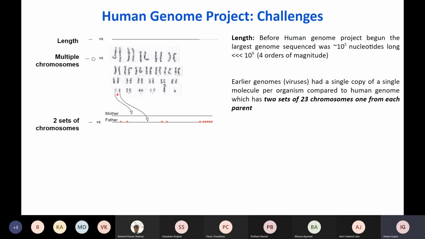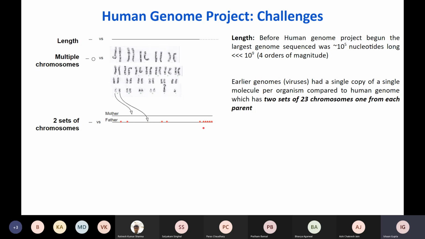For example, if you take chromosome number 19, they look very similar at the gross structural level, but the DNA sequence that comes from your mother is going to be different from the DNA sequence that comes from your father. The red stars here show the places where the father's DNA is probably different from the mother's DNA.